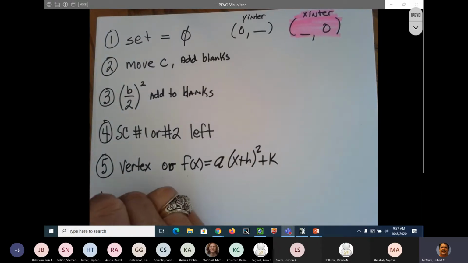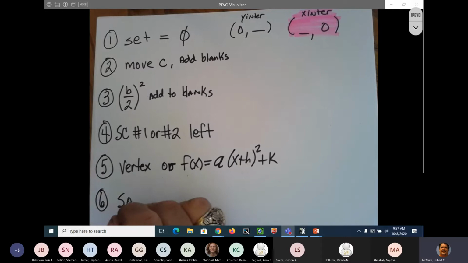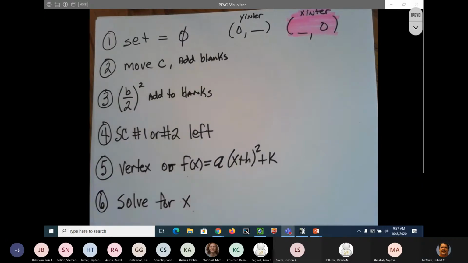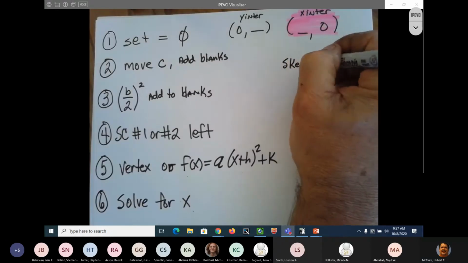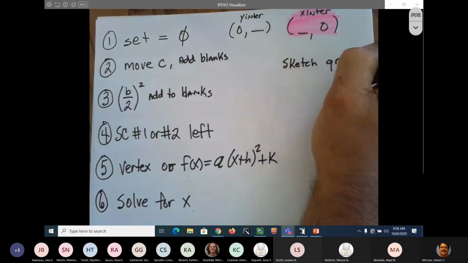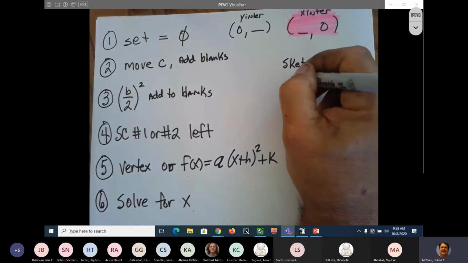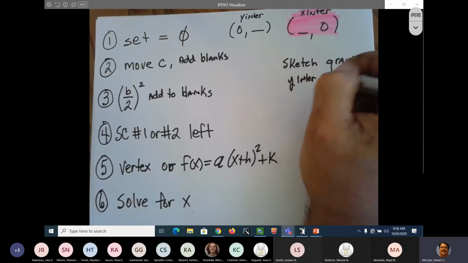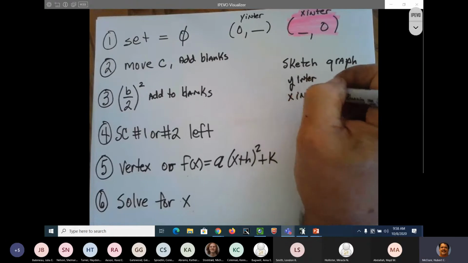And then 6, solve for x. Now, at the end, after you solve for x, you should be able to sketch a graph using the y-intercept, using the x-intercepts and the vertex.